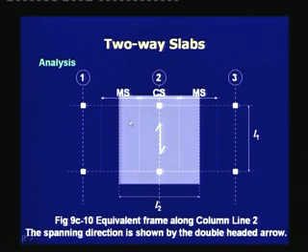That means the middle strip on the left has one part from the equivalent frame along column line 1, and it has another part from the equivalent frame along column line 2. And this is the first way to define an equivalent frame given the building plan.